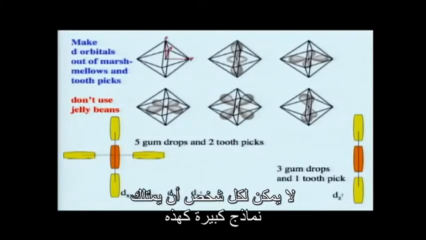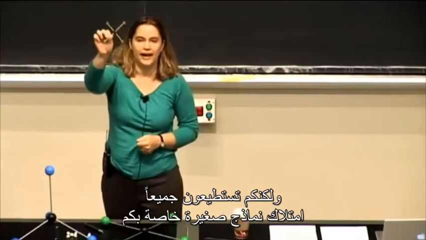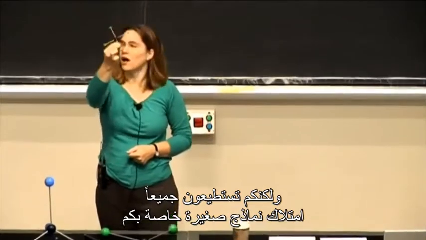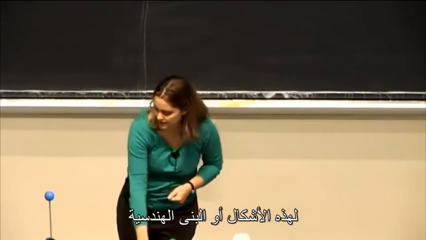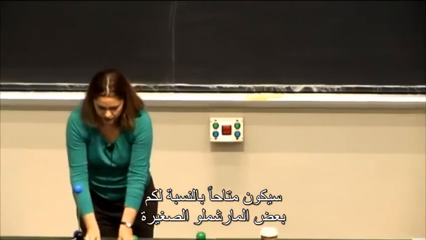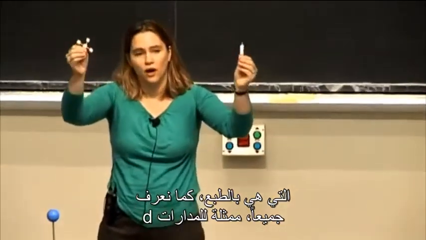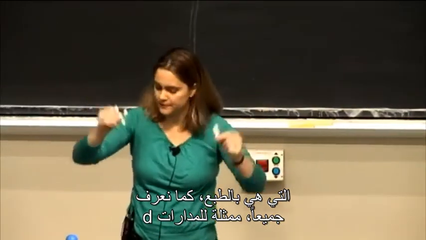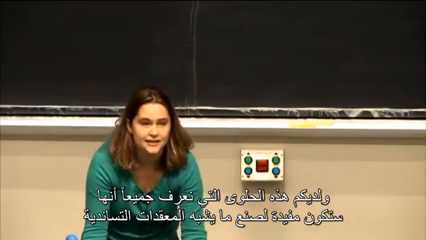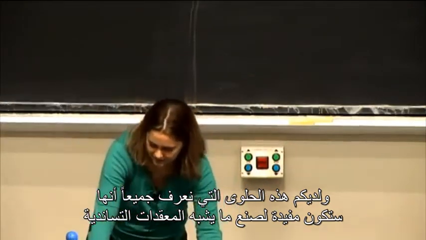Not everyone can have such large models as these, but you can all have your own little models of these geometries. What we have available to you are some mini marshmallows, which of course, as we all know, are representative of d orbitals, and jelly beans, which we all know are useful for making coordination complexes.